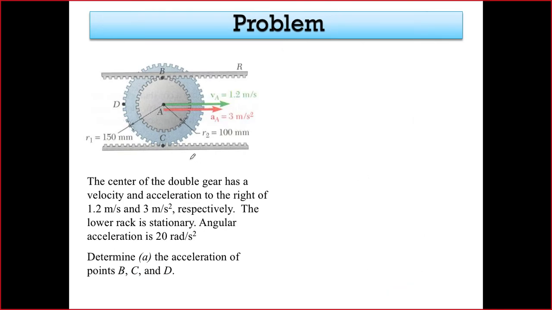Oof, right. Okay, so let's see. Imagine that we were given the velocity of the center of the double gear, but what if we also know its acceleration? So if the acceleration of A is 3 meters per second squared, then we have to remember that from the rolling motion analysis we have already figured out the acceleration of the center of the wheel and of the point of contact where there is no relative motion.